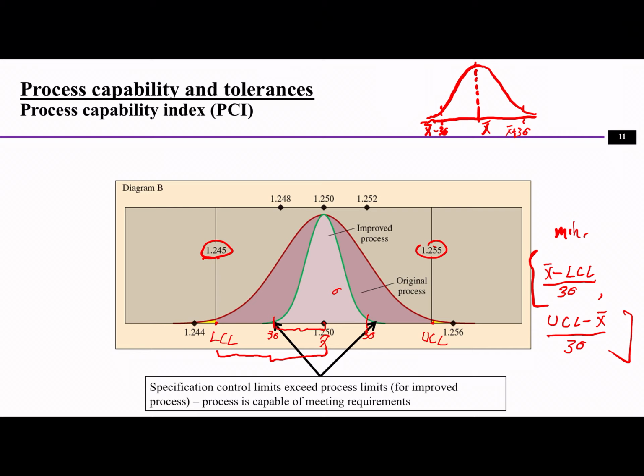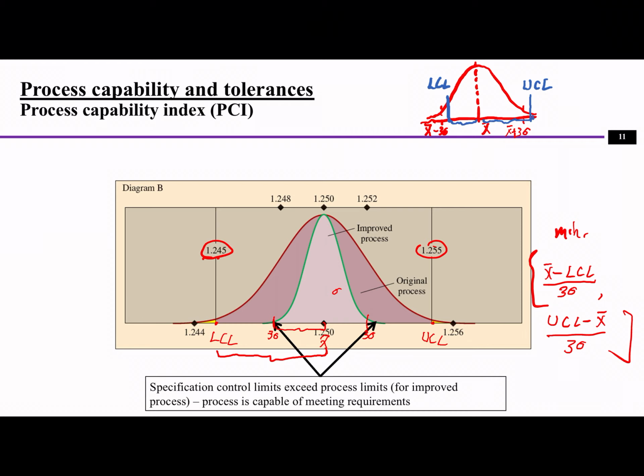This is the lower control limit, and this is the upper control limit, right? Now you see what happens. x bar minus the lower control limit is actually smaller than the upper control limit minus x bar. See? So this length and this length are different.